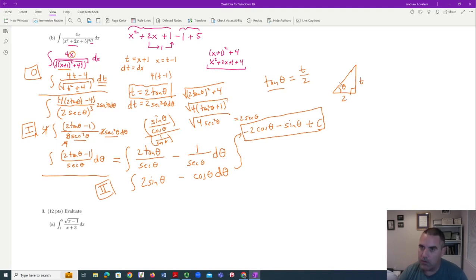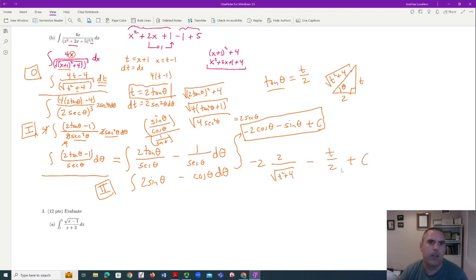And then we can solve for the other side. This squared plus this squared equals that squared. So this is the square root of t squared plus 4. And then we're ready to go. Cosine is adjacent over hypotenuse, so it's going to be 2 over square root of t squared plus 4. And sine is t over 2.